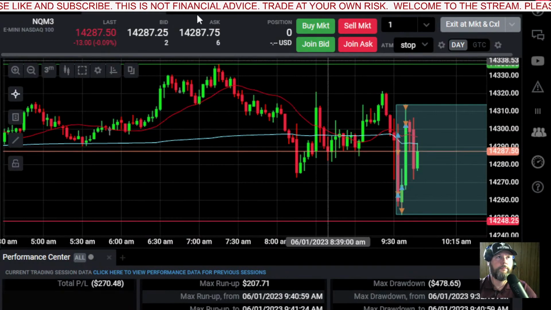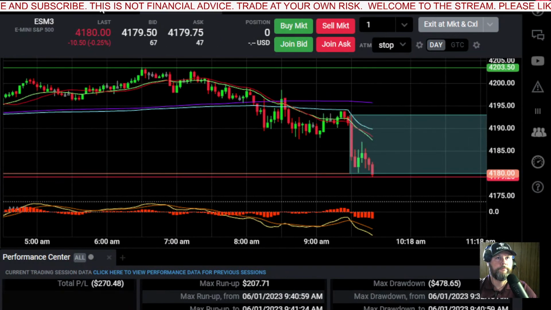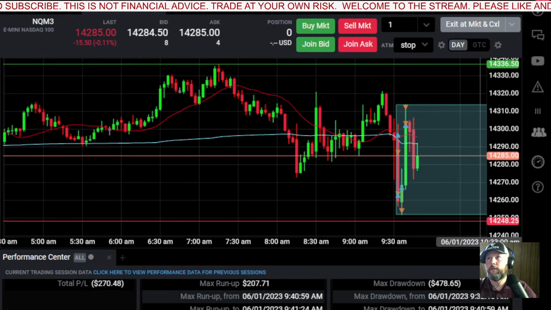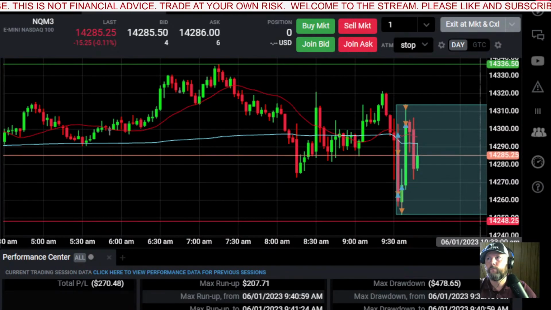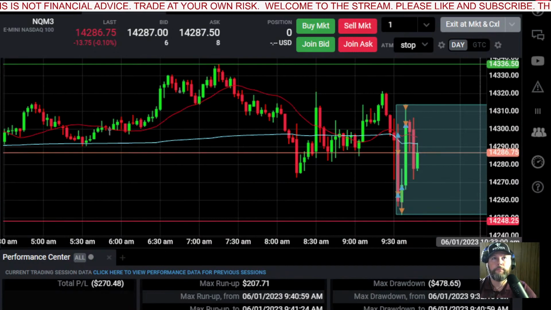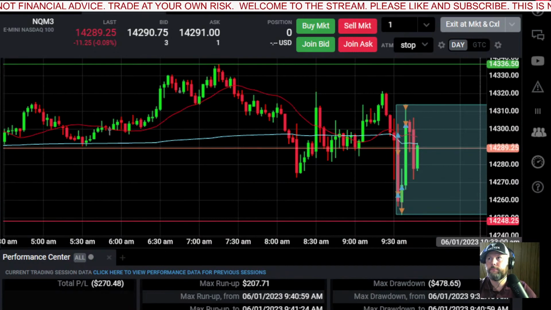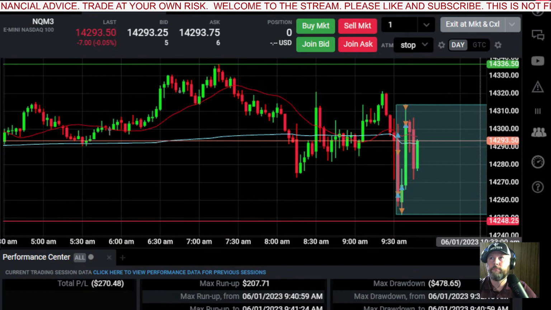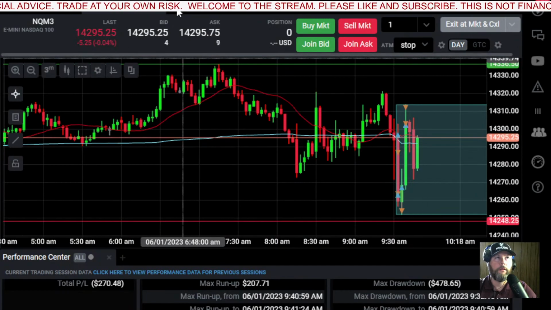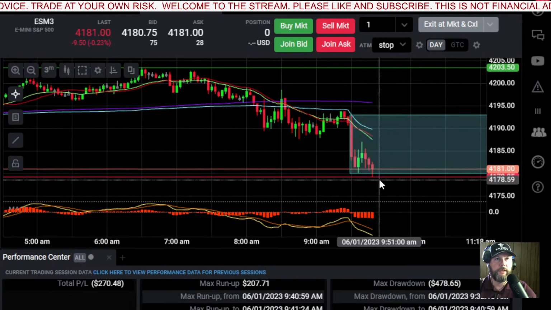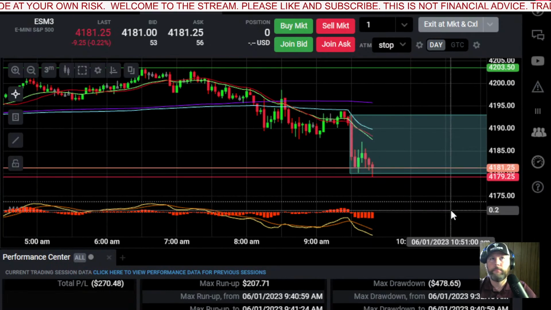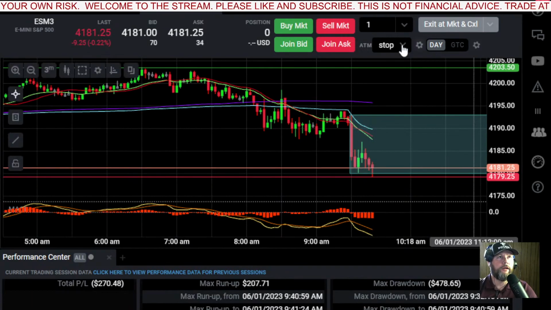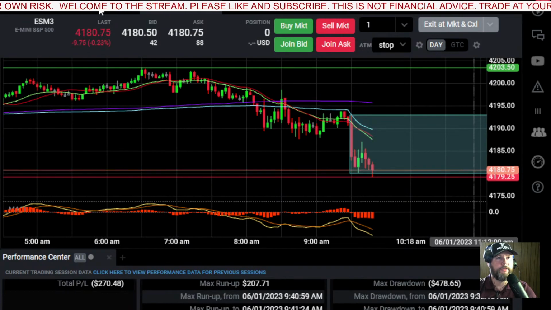All right, ES trying to break out of this opening range. Kind of bouncing once it reached that 79 level. Kind of bouncing there. Back up into the range.